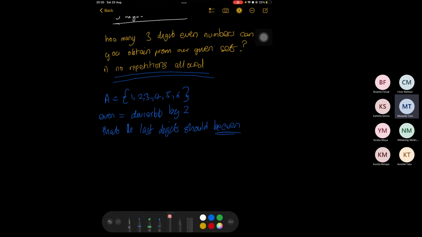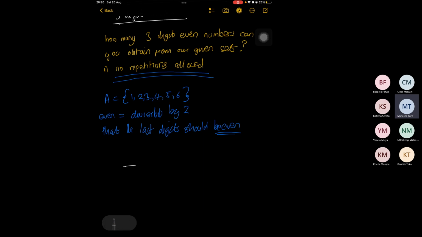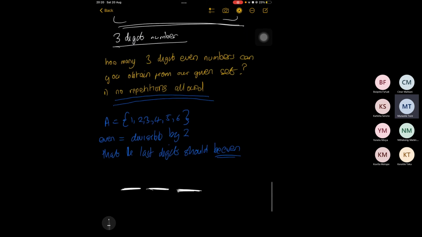So going back to our question now, we have 3 operations, like we have 3 positions: position 1, position 2, and position 3. Of the 3 positions, we want to see how many 3-digit numbers we can obtain that are even, divisible by 2.